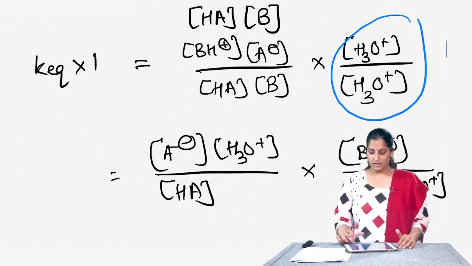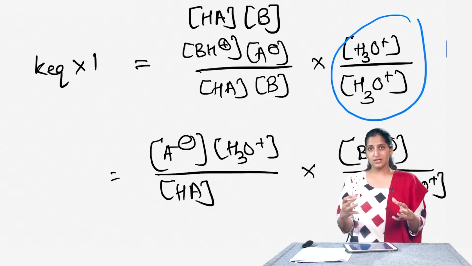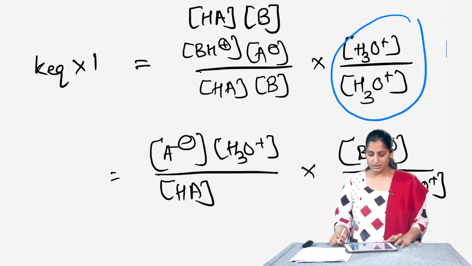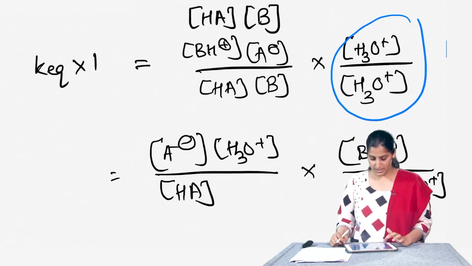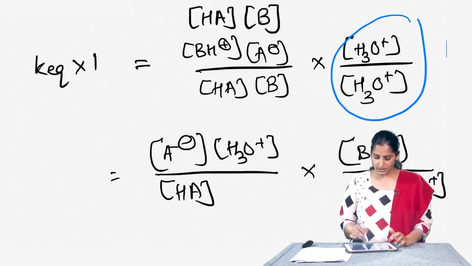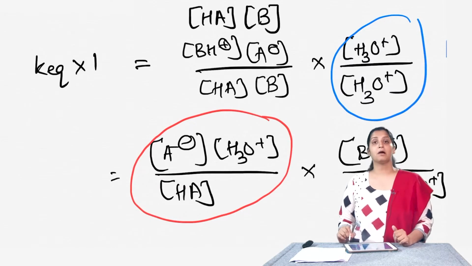So, I have not done anything different, but I have just written these terms such that they make some sense. Now, if you look at this particular term, what does it remind you of?